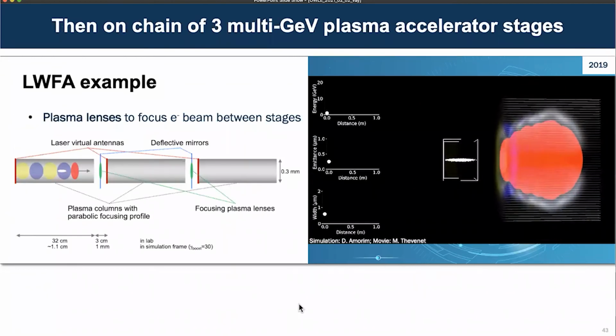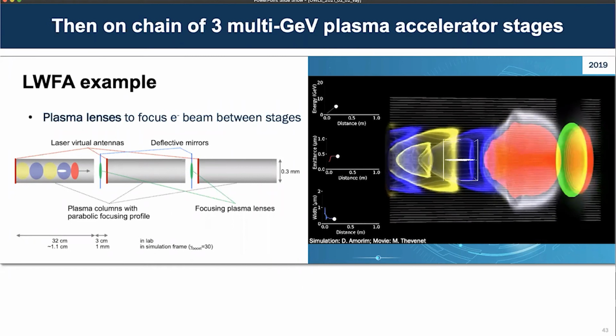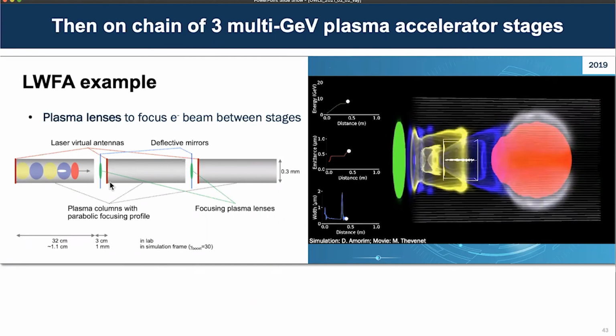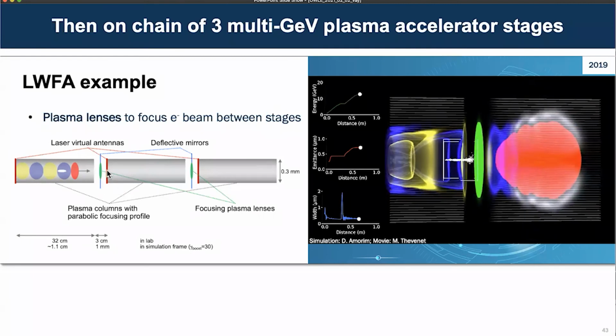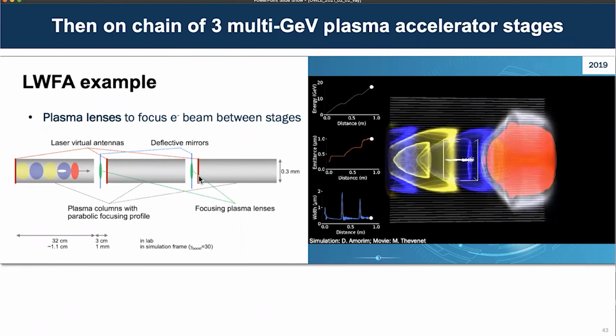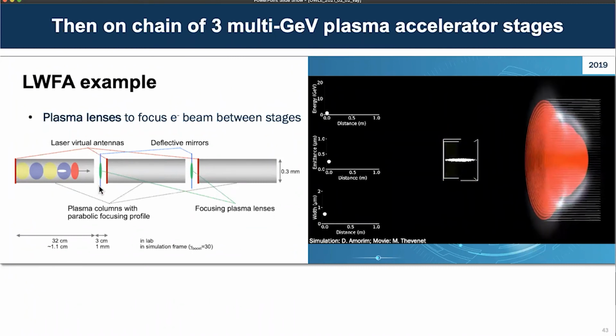And then we went to, again, a 3 stages simulation, but laser driven this time. So you see here the setup on the left with, again, the virtual antenna to inject a new laser at the entrance of each stage, and a plasma lens.